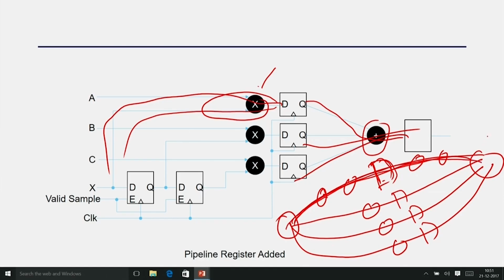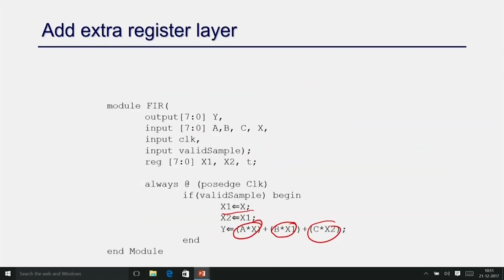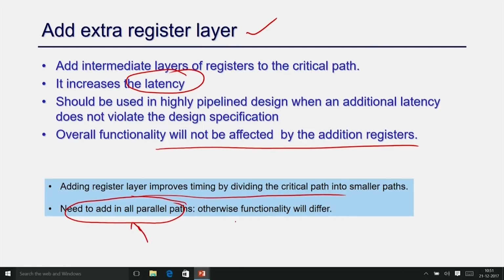So when you add extra latency, it has to be in all parallel paths, even if it is not required for them, to keep the functionality of your design intact. Otherwise your functionality will differ.